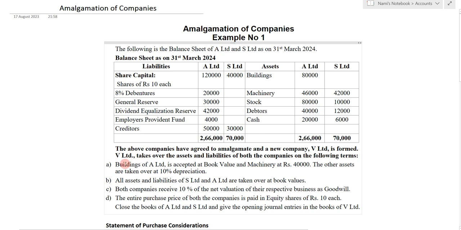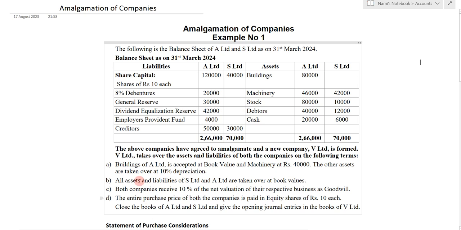V Limited takes over the assets and liabilities of both the companies on the following terms.